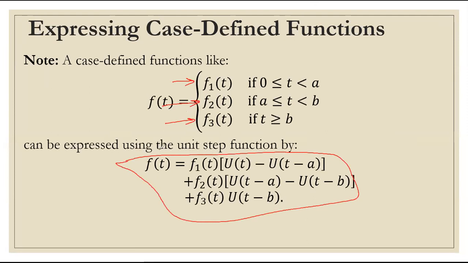To be honest, I prefer to deal with only 2 formulas. But because I have some problems in the textbook and the WebAssign has 3 formulas, we need to discuss together how to write any function given in 3 formulas as a formula using unit step functions.